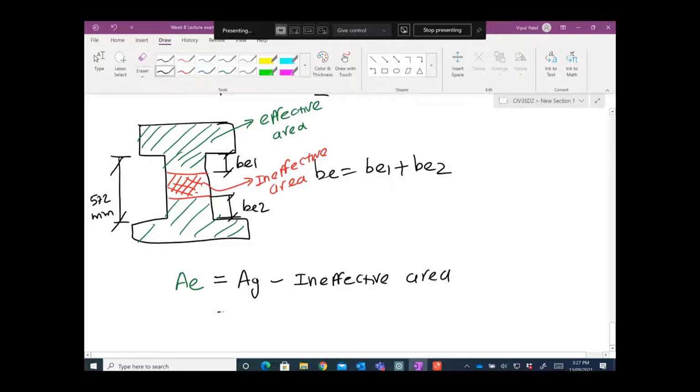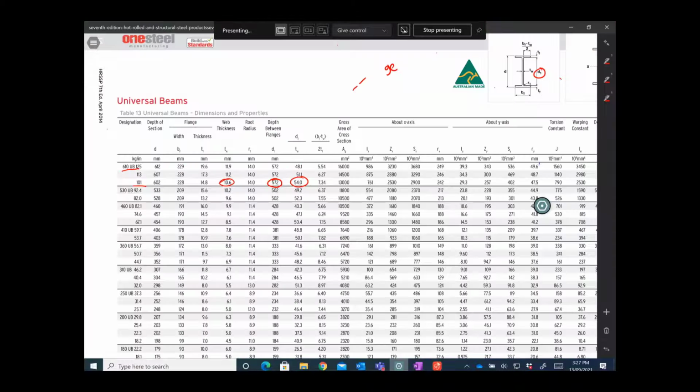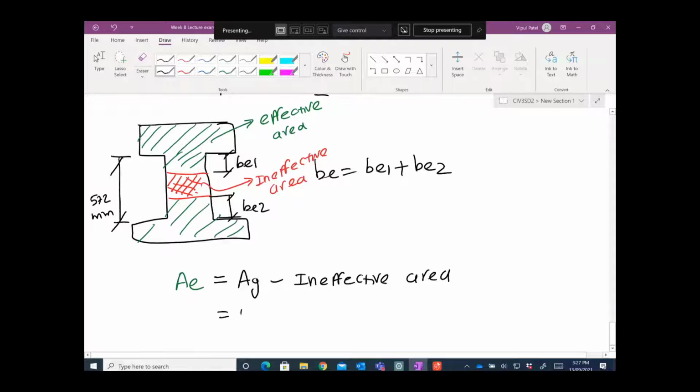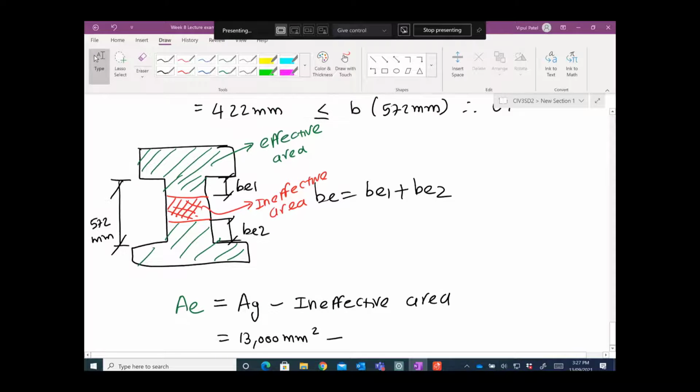In that case, the gross area we can just get from here, 13,000 millimeter square, minus the ineffective area. We can just calculate that ineffective area here.